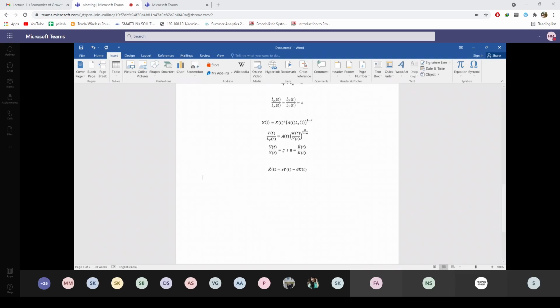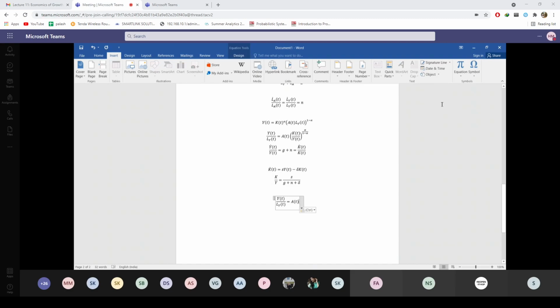identical manipulation. I divide both sides by K_T and I realize that g plus n is the rate of growth of capital stock in the long run or in the balanced growth path. Then this is this. And if I substitute that over here, what I will get, this equals this multiplied by this.